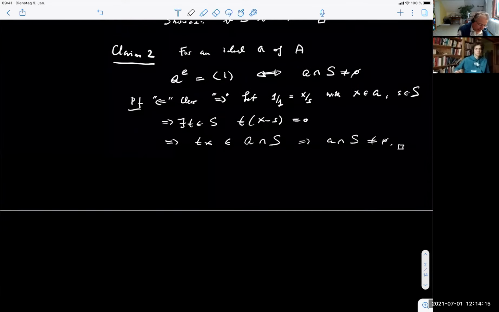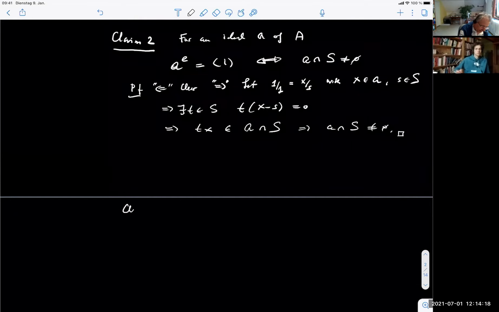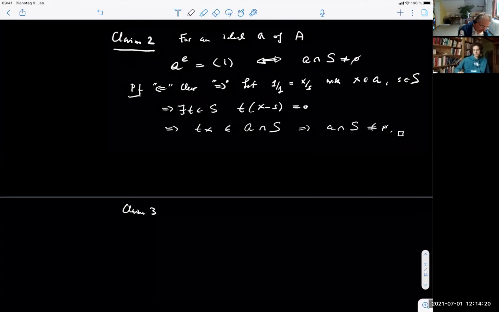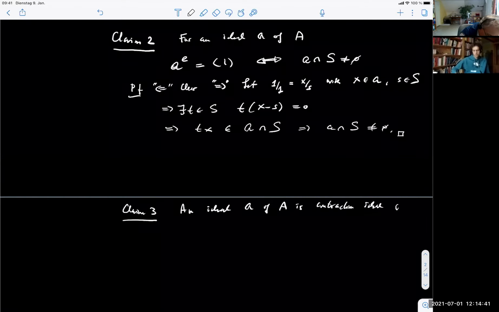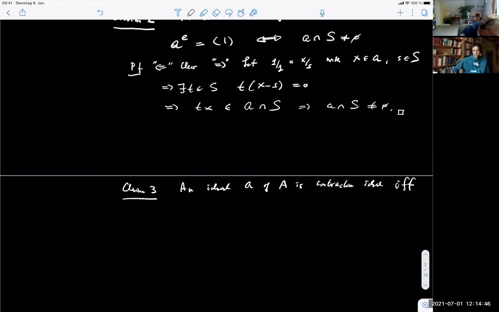Now this claim 3 is a little bit more technical. I have a little bit of trouble myself remembering what this actually means. So, an ideal A of A is a contraction ideal if and only if, let me write the condition.